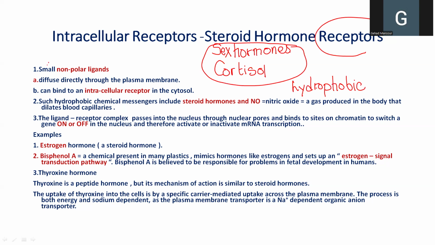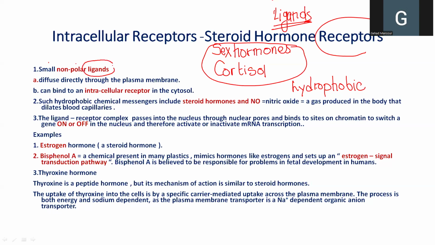So the first characteristic of these hormones, which are considered the ligands because they are the signaling molecules that will bind with and stimulate a cellular response, is that they are small molecules, hydrophobic or nonpolar.